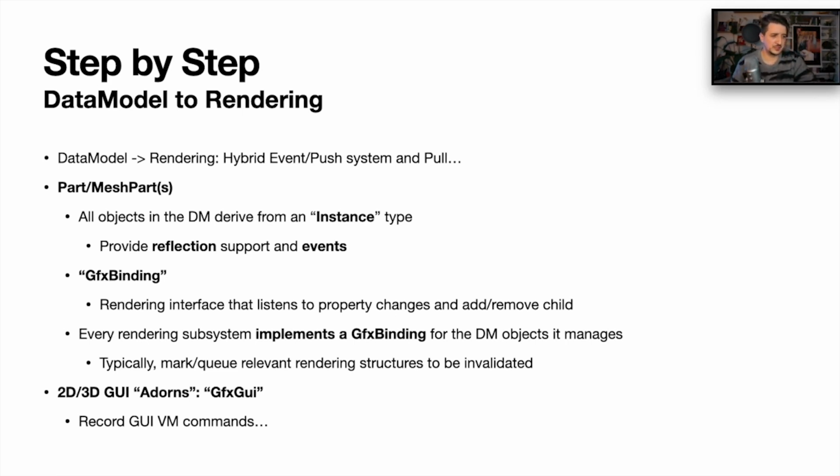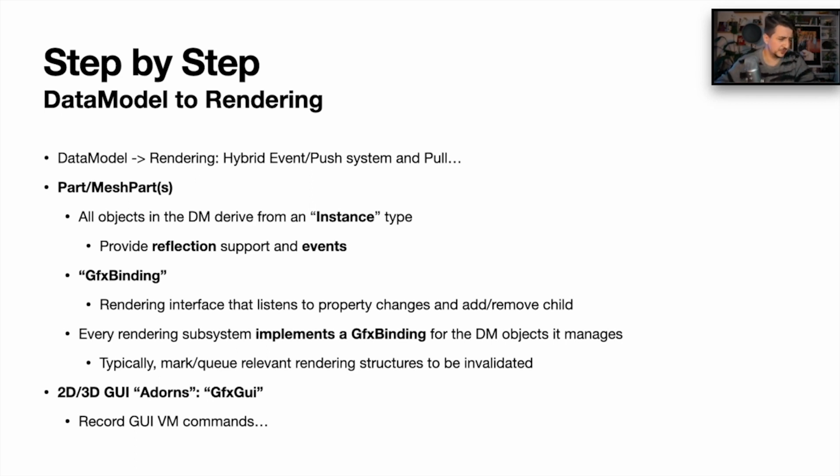From then on, every rendering subsystem implements the GfxBinding interface for the data model objects it directly manages. Typically, what this implementation does is just mark or queue certain rendering structures to be invalidated during the prepare phase.